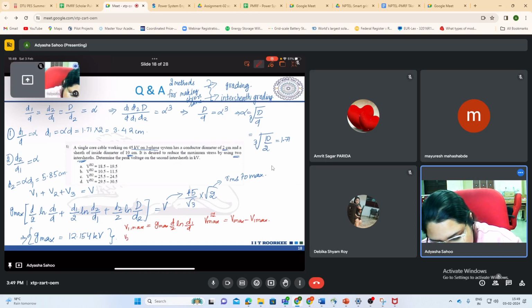Similarly, V2 max will be Gmax d1 by 2 ln d2 by d1, and Vs2 max will be Vs1 max minus V2 max.